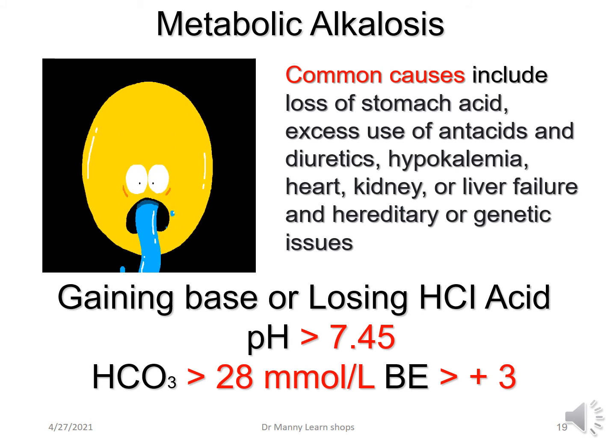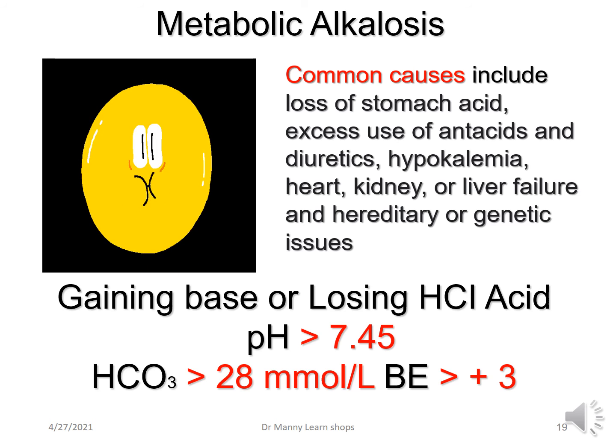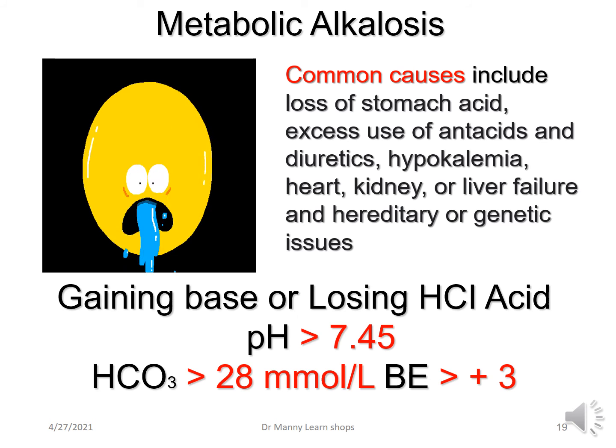It can be related to hypokalemia, heart, kidney, liver problems, or it can be hereditary, related to genetic issues. And this is where you gain base or lose hydrochloric acid, and the pH is greater than 7.45 and the bicarbonate is greater than 28 millimoles per litre, which reflects a base excess of greater than +3.